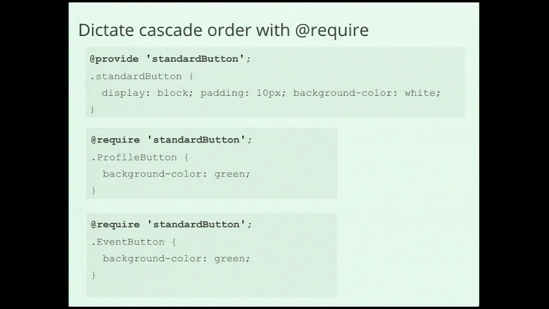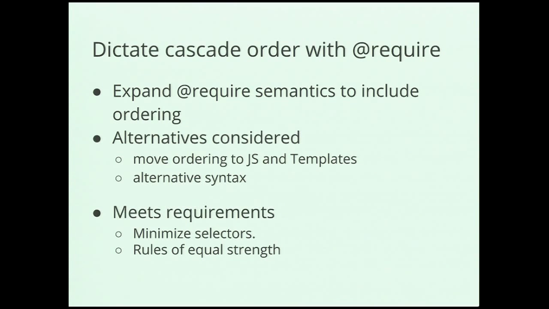This is, in fact, our preferred way to override styles in Google+. And we have a syntax for this, which is provide and require. So if profile button needs to be ordered after the standard button, all it has to do is @require the standard button. So we are essentially expanding the semantics of @require to include ordering now.